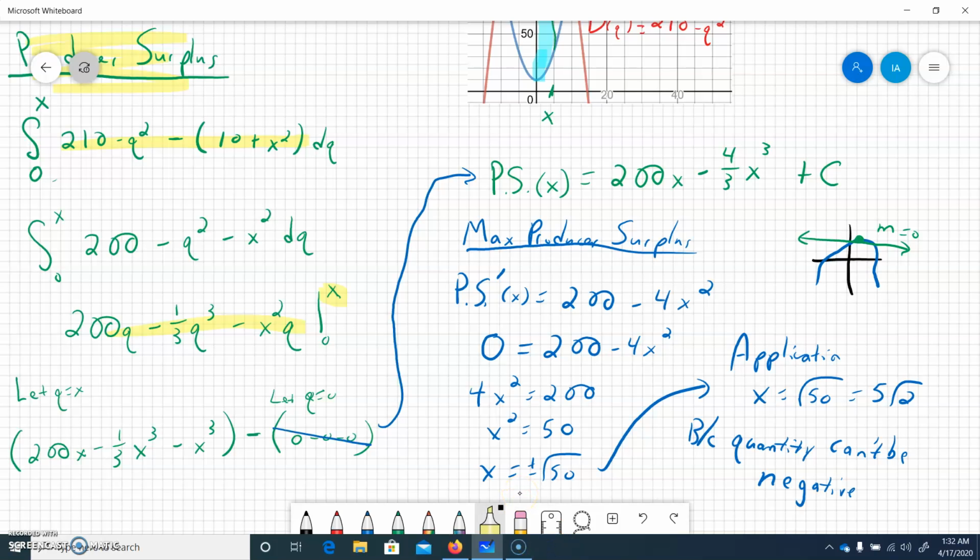So now we've got the actual equation that, if we set up a quantity, would give us the actual producer surplus. But what we want to do is maximize that. So we find the derivative, we set it equal to 0, and we actually get our number. And I think there was one more question with this.